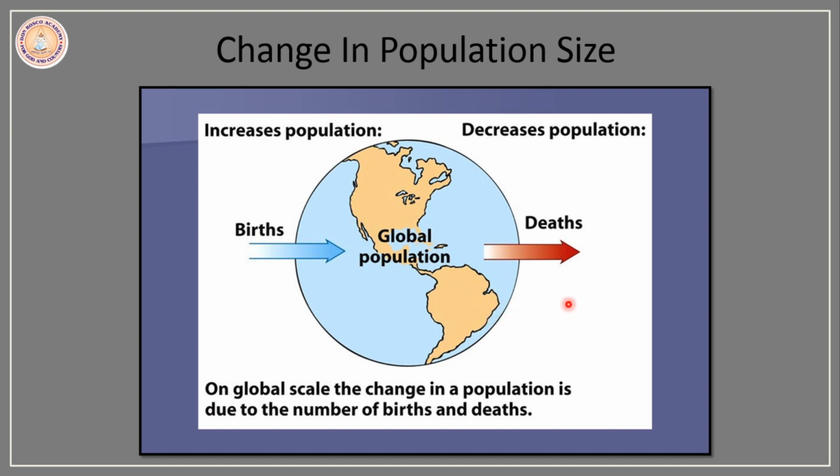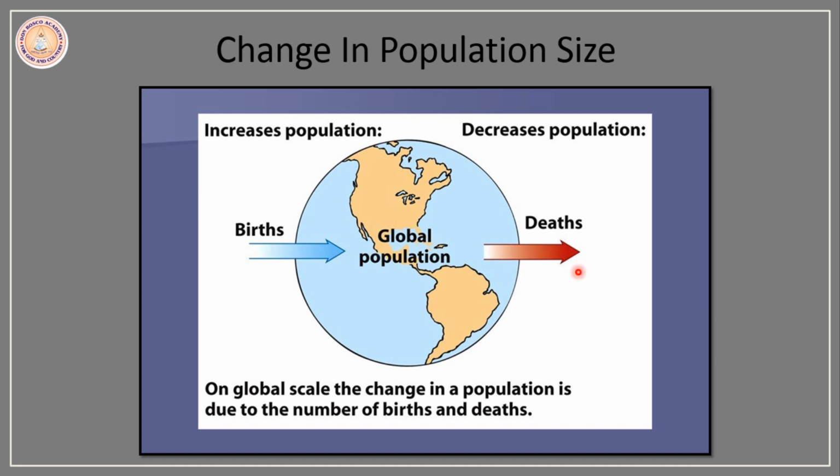At present, the world population is about 7.8 billion, and the population has grown to this size over a long period of time. Changes in the size of population depend upon the birth rate and the death rate.